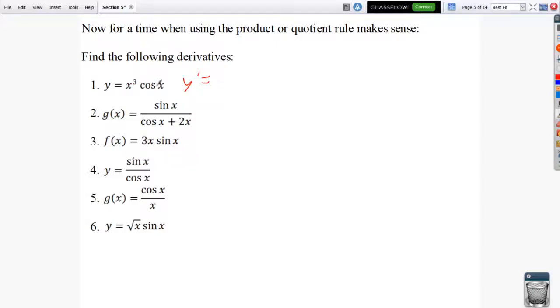So left to right, x cubed times the derivative of cosine, something that we just wrote down. Let's just write it out this way. x cubed times d dx of cosine, plus left to right plus right to left.